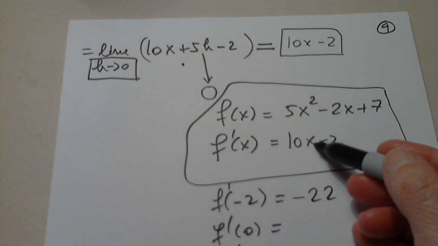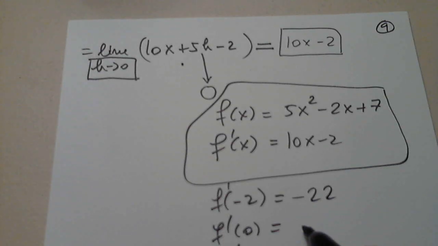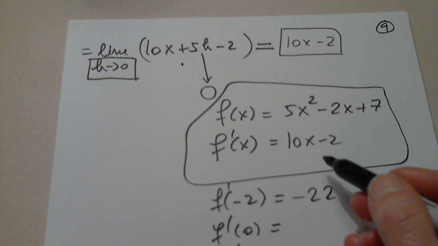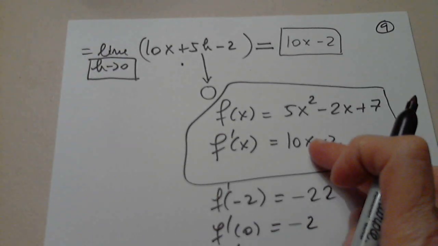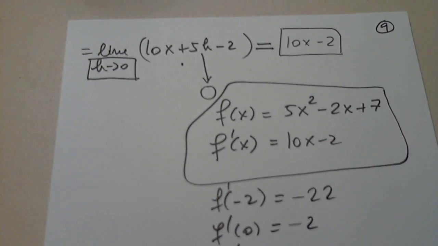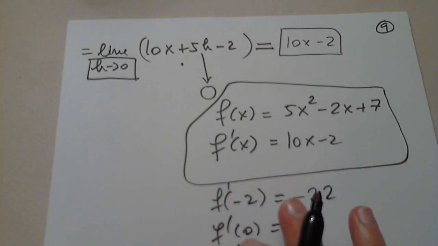When we plug in 0, what do we get? -2. Perfect. When we plug in 1, what do we get? Eight. Perfect. What does this all mean again?